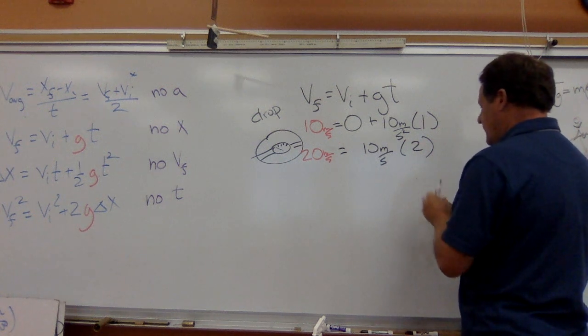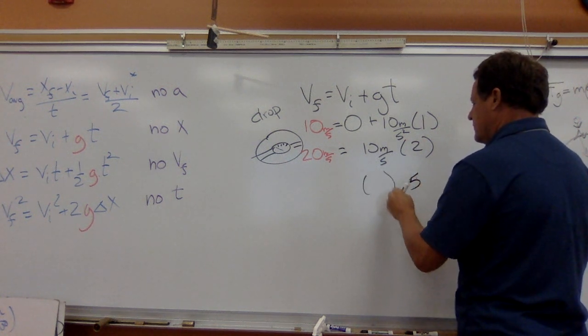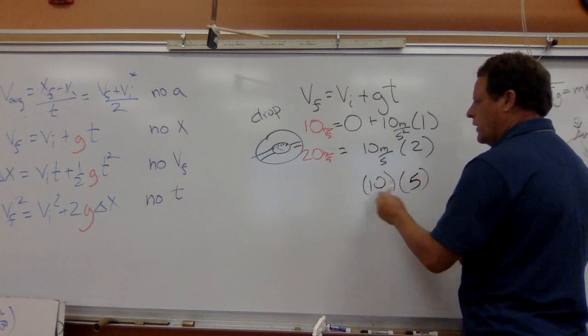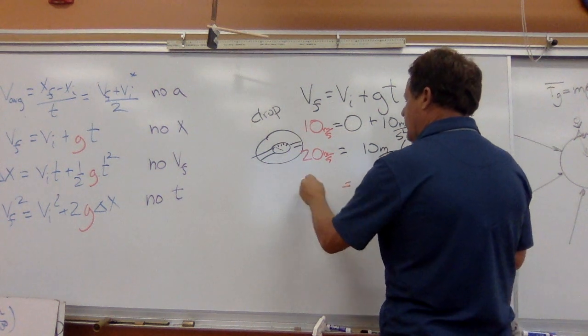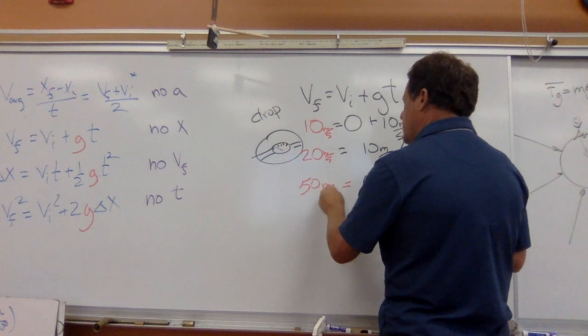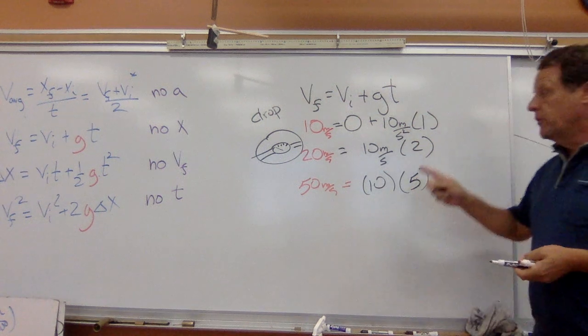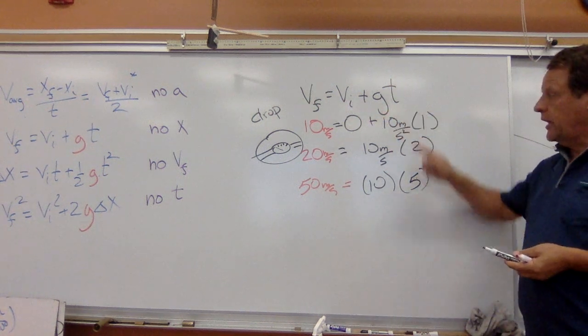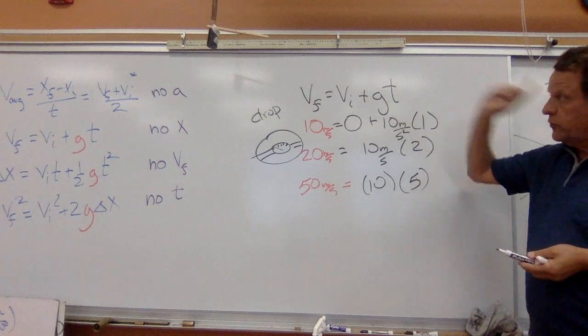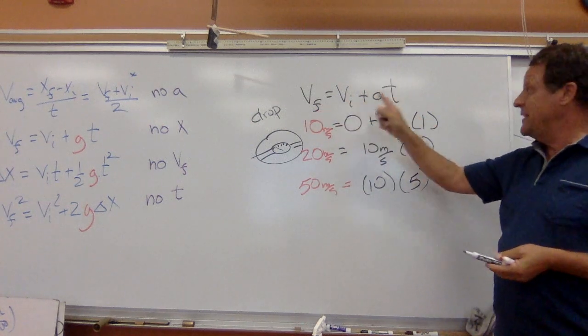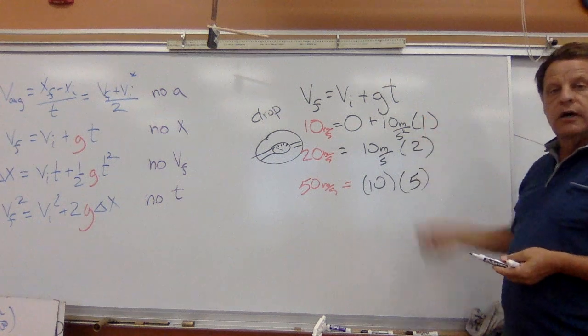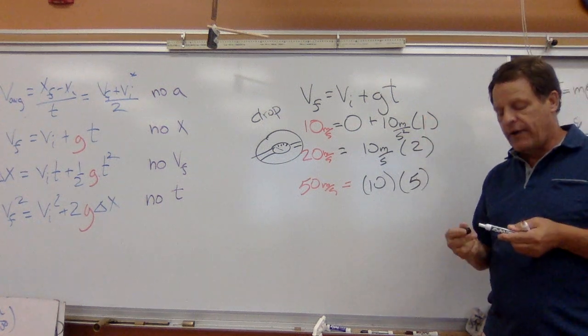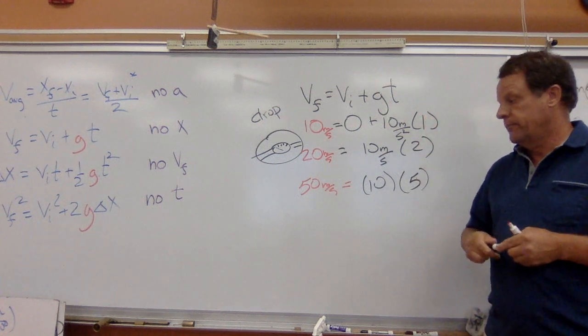Well, we can just follow this pattern, and that would be 50 meters per second. So remember, with this, it's going faster and faster and faster. So if we just want the final velocity, it's just going to be 10 times however much time there is, and that tells you how fast you're going.